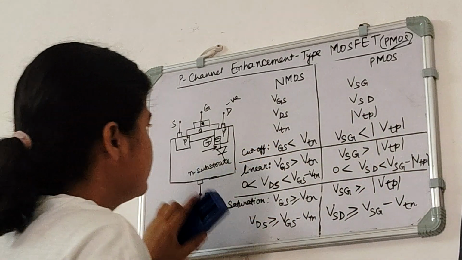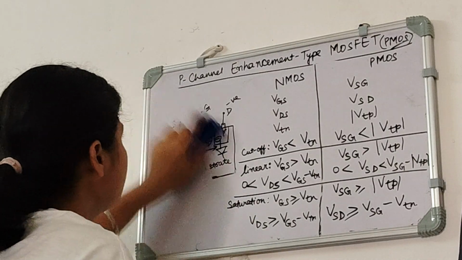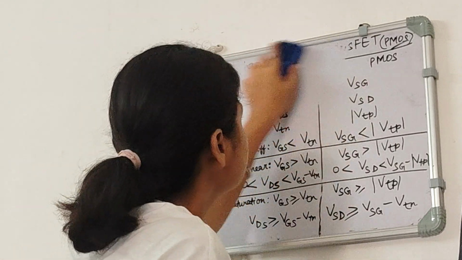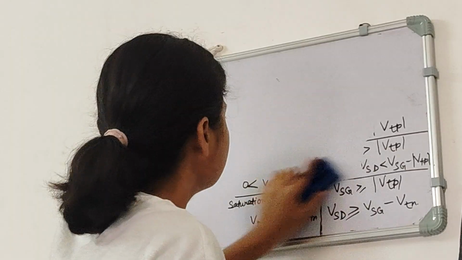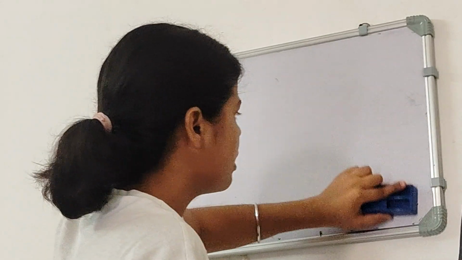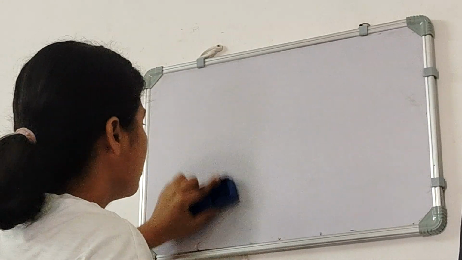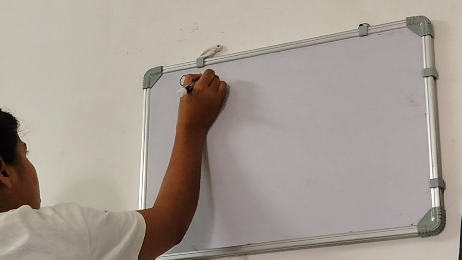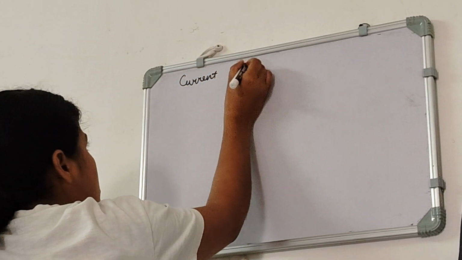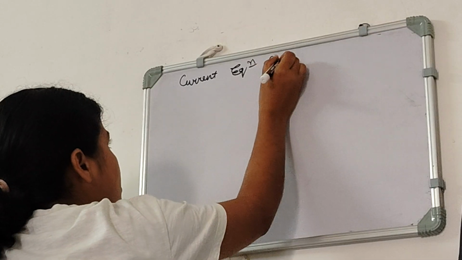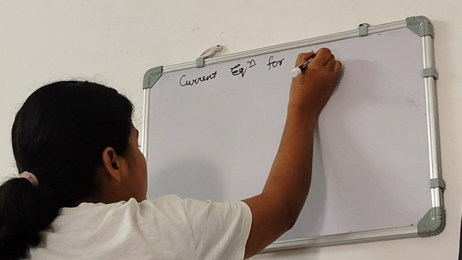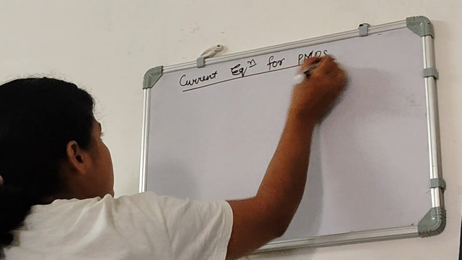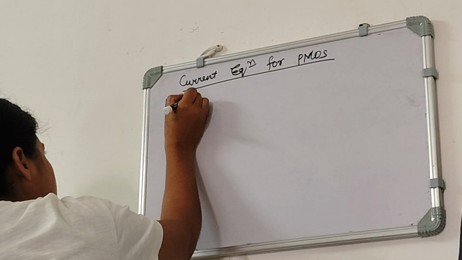So now let's see the current equation for PMOS. First we will see the linear region.